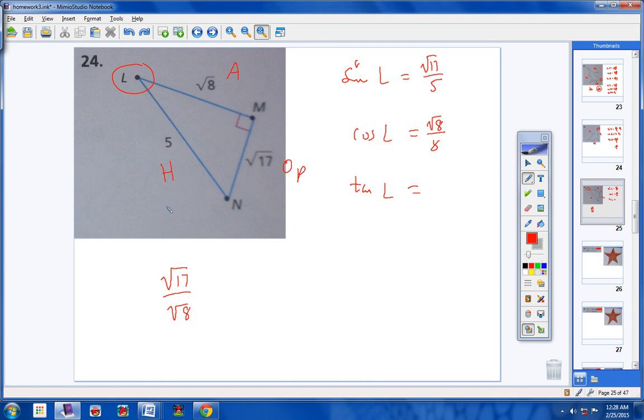So I'm going to multiply the top and the bottom by the square root of 8. Okay? So square root of 8 times square root of 8, which would give me 136. 17 times 8. I believe I did that in my head. Let's check it real quick here. 136. And the square root of 8 times the square root of 8 is 8.